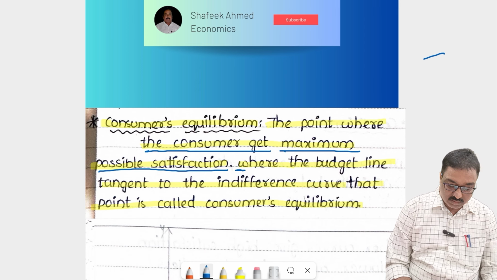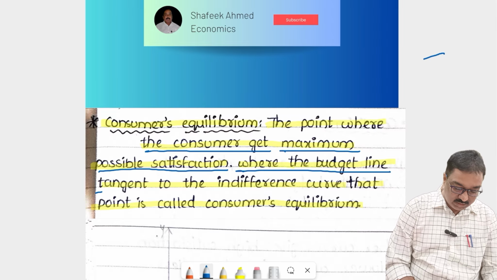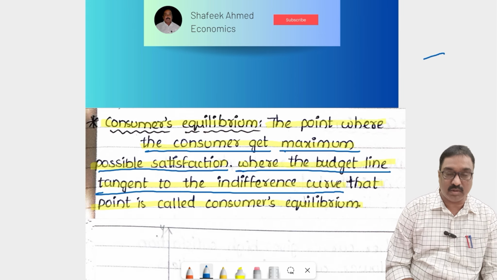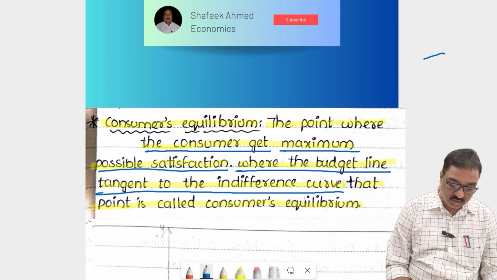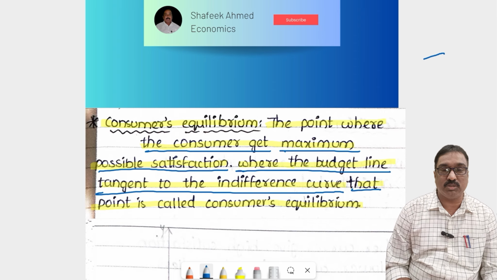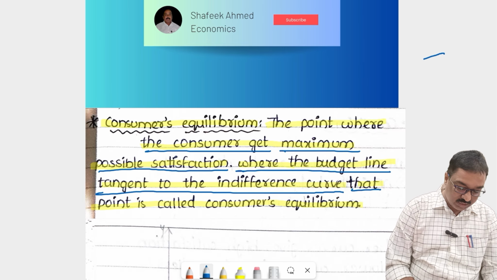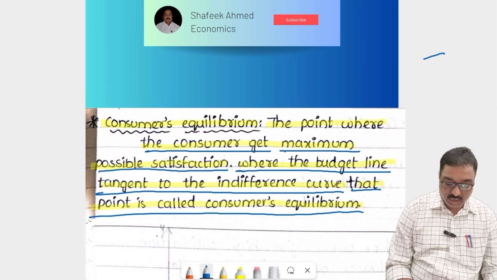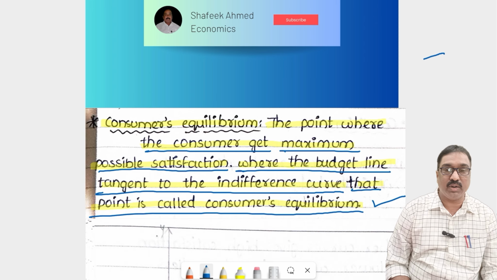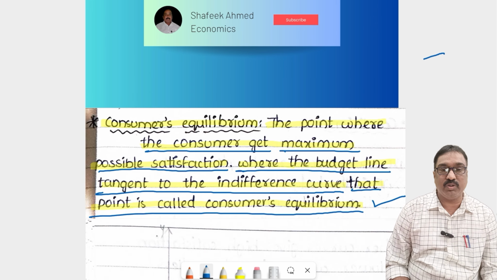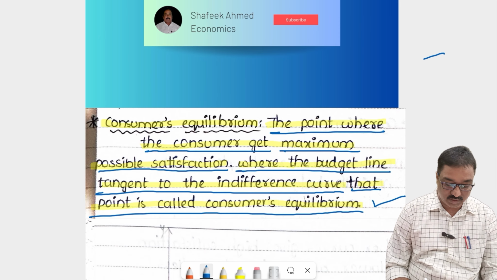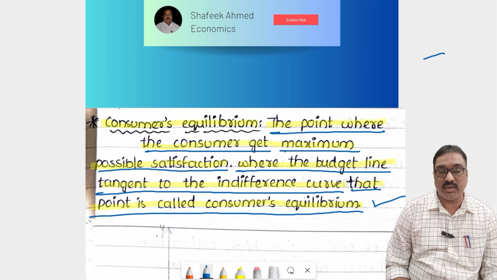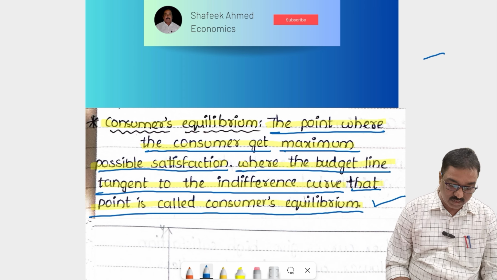And another condition: the budget line is tangent to the indifference curve. The budget line must be tangent to the indifference curve. That point is called the consumer's equilibrium. So everyone remember that the consumer's equilibrium is the point where the consumer gets the maximum possible satisfaction, where the budget line is tangent to the indifference curve.